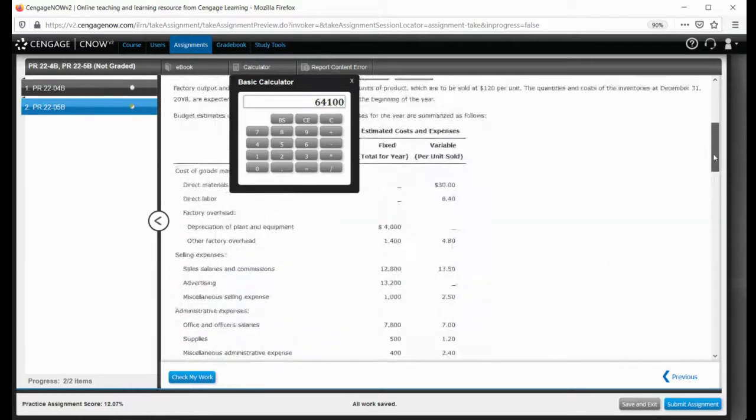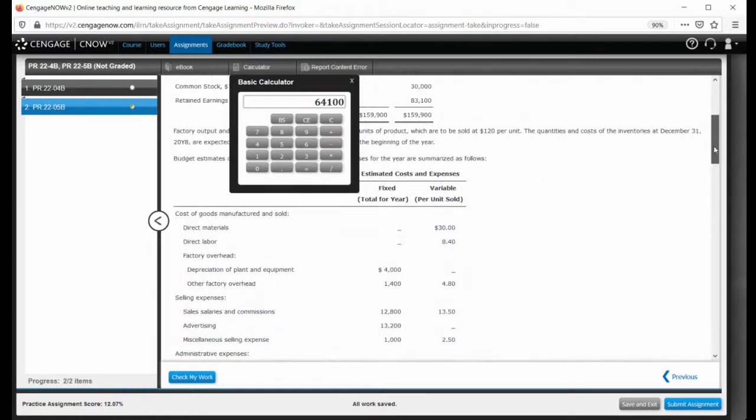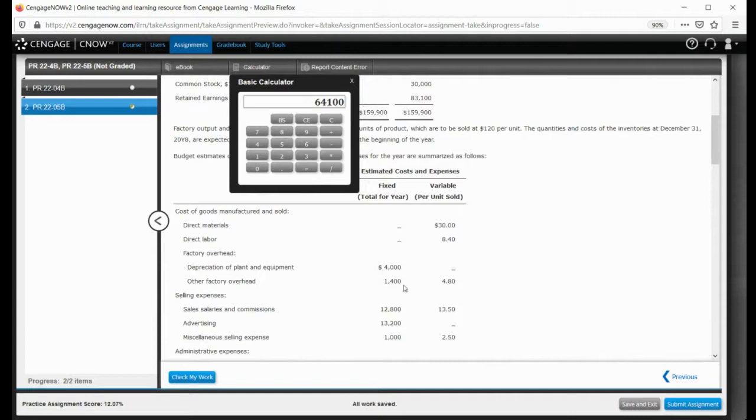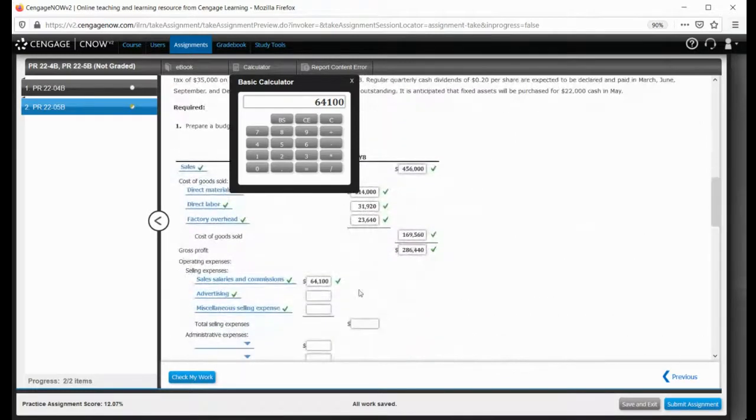Your advertising expense is a fixed cost. There was no variable portion, so we just bring down the 13,200 and plug that in for advertising.